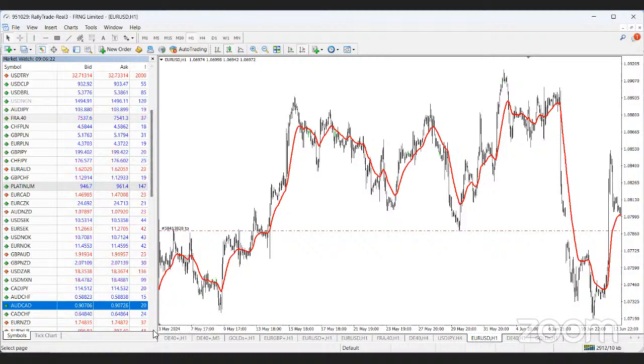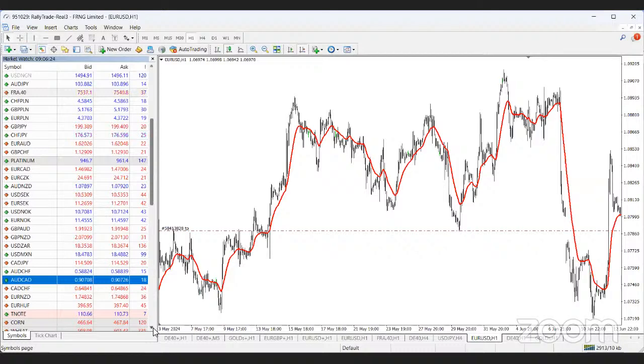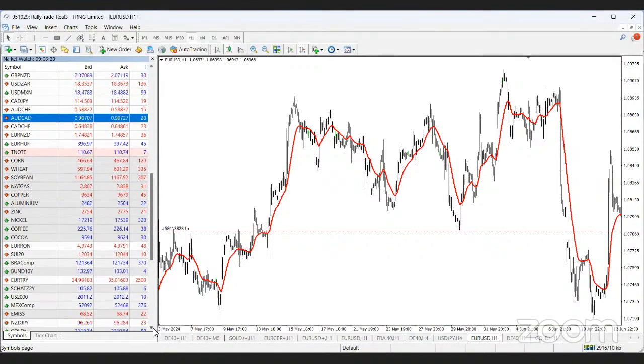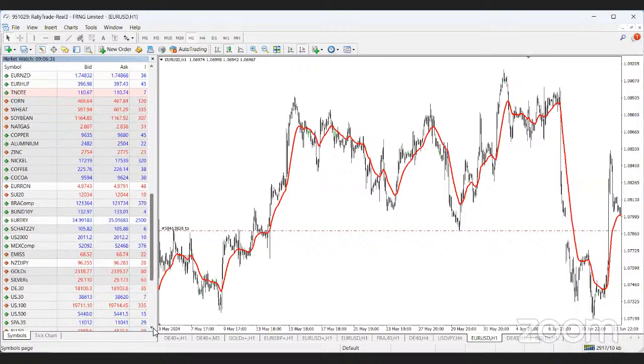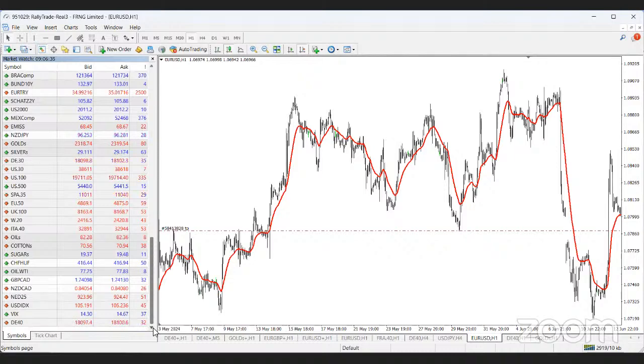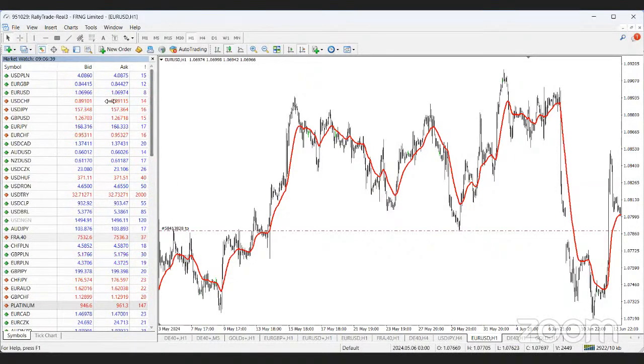And then we go to another one. Let's check. Let's scroll up. Here we have USD, Euro, AUD USD.